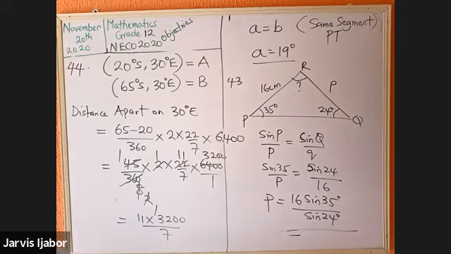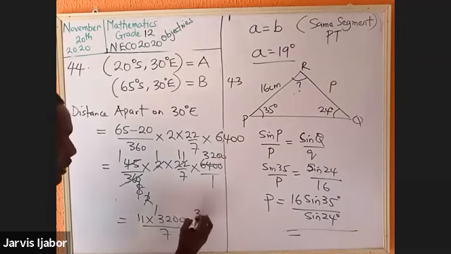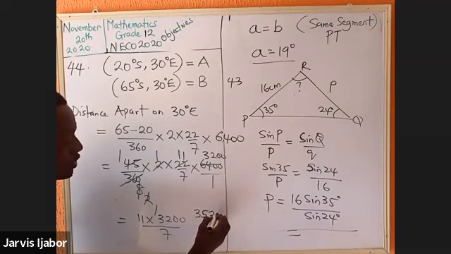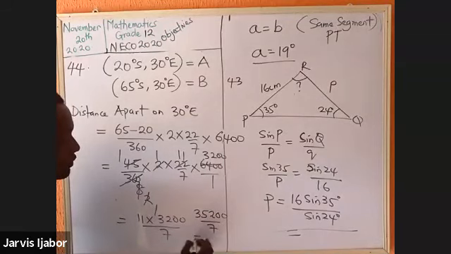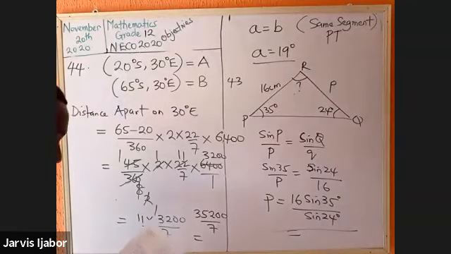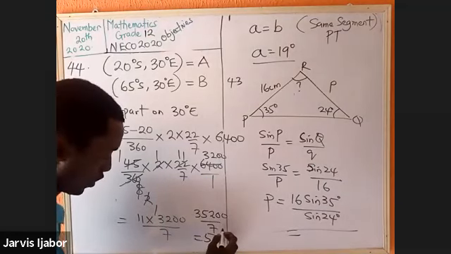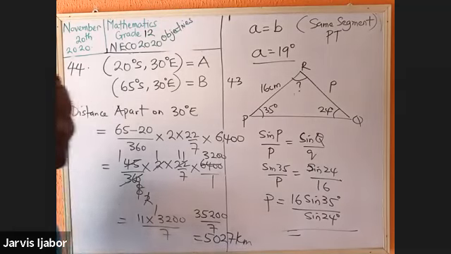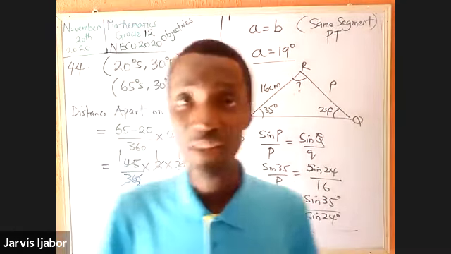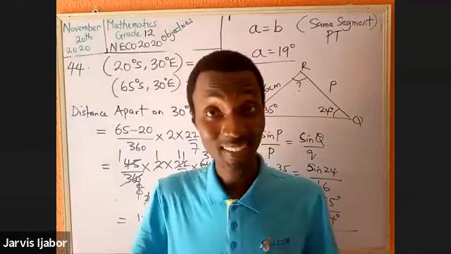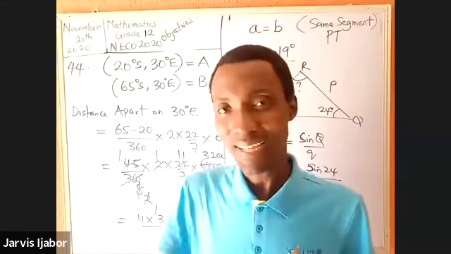So what would the answer be? You multiply this, this will give me 35,200 divided by 7. And that will give me an answer in the neighborhood of 5,027 kilometers. You see, if this were an OBJ exam, and it is an OBJ exam, I won't waste my time.